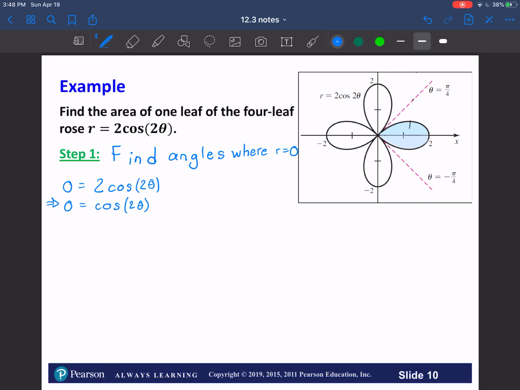Now we have to ask ourselves, at what angles does cosine equal 0? Certainly cosine of pi over 2 is equal to 0, and this can occur plus or minus. At 3 pi over 2, certainly. At 5 pi over 2.